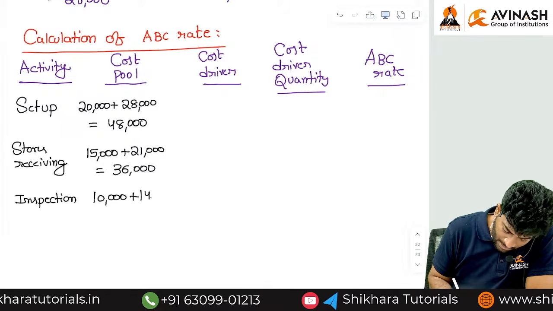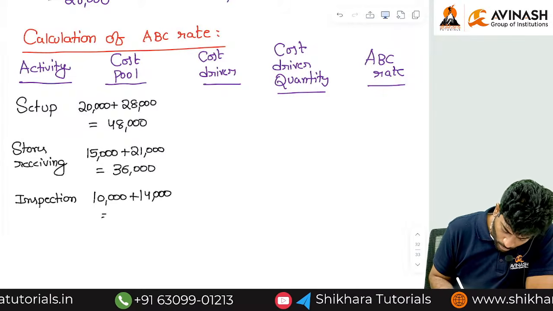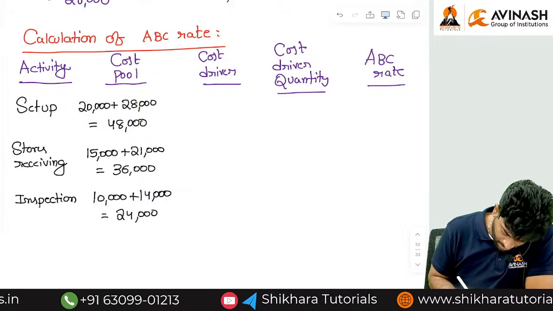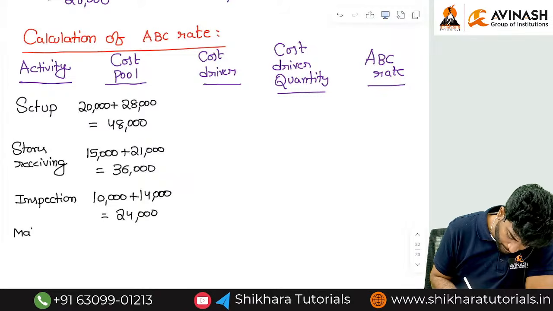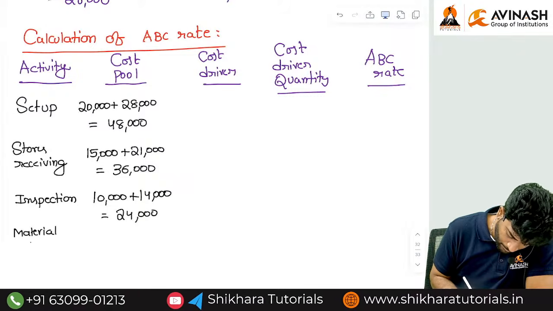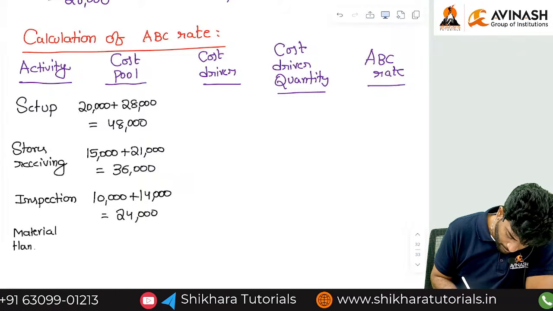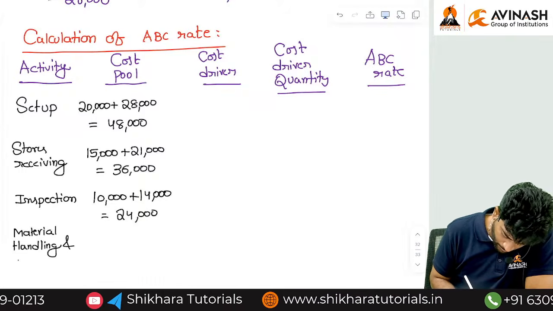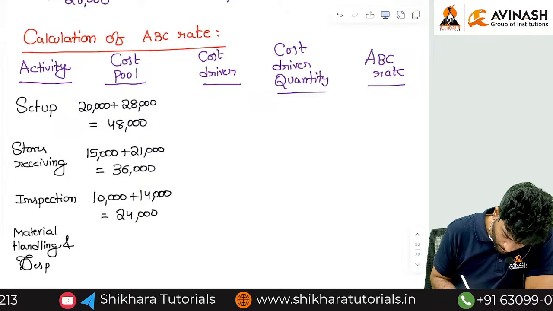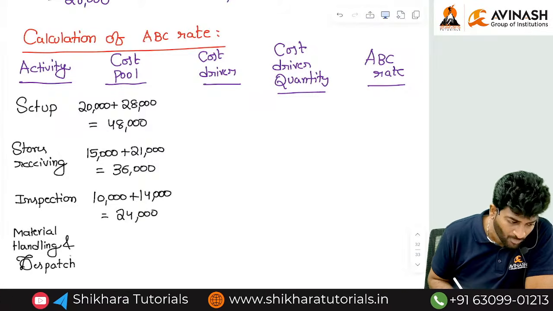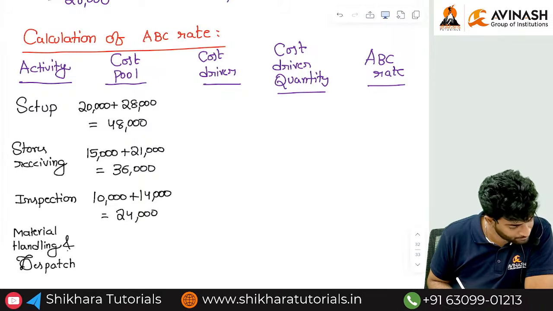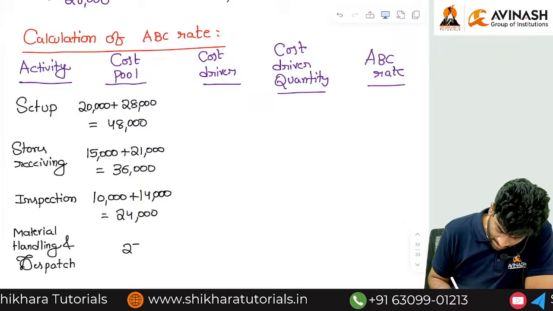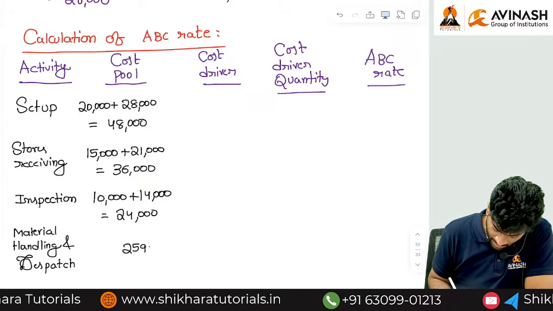So 10,000 plus 14,000, 24,000. And after inspection, material handling and dispatch. I think nothing is to be added to this one, only the first three, right?